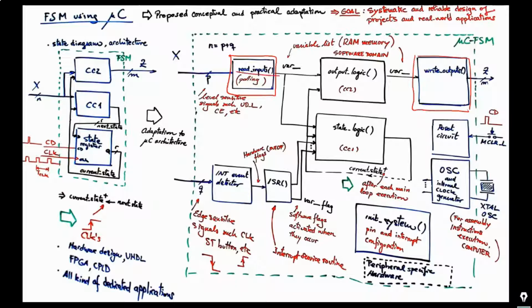For example, read inputs are for pulling or reading level sensitive signals like up and down if you are inventing a counter, or count enable, or I don't know, night mode, you read, you pull in every computer cycle, in every software cycle, you read the level.